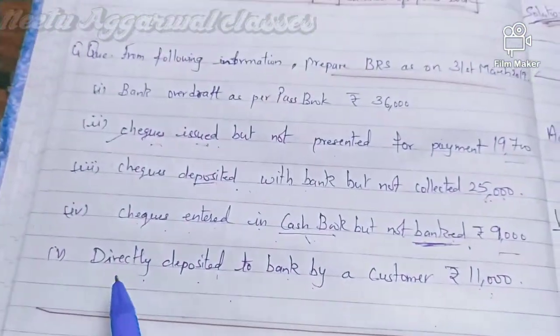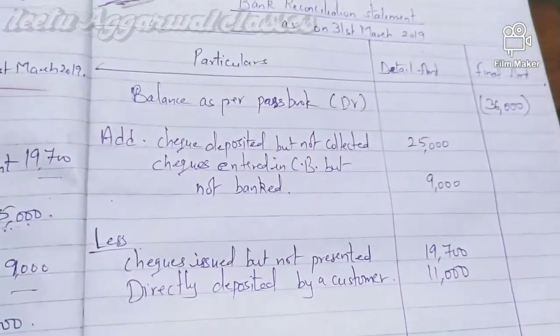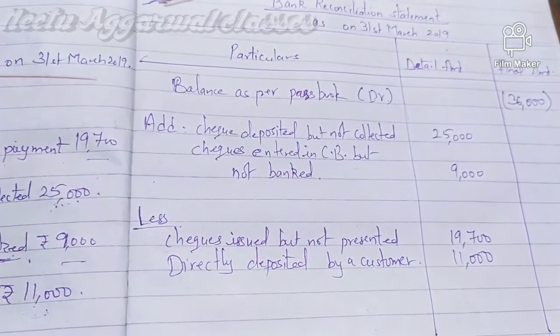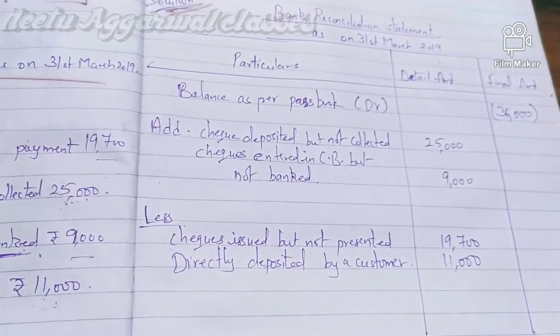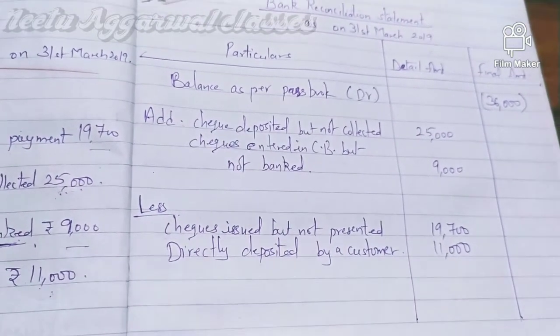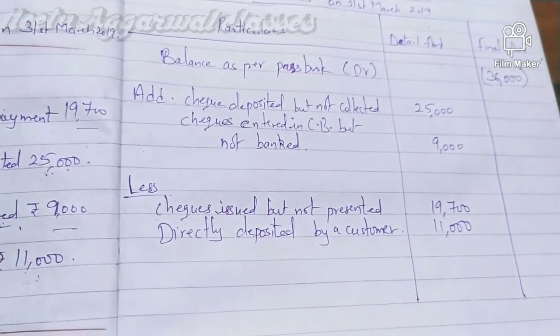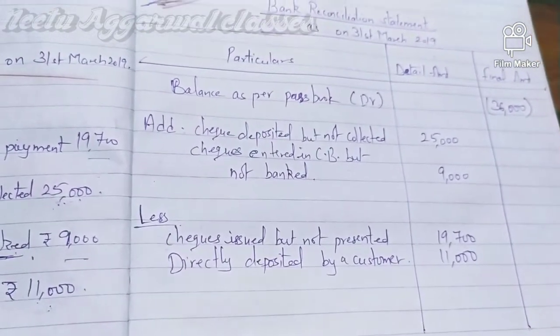Right. So we have done all the entries over here. We need to follow our old method, right? We need not follow four methods for four kinds of BRS. No, two are enough. First one is when the cash book is going according to the passbook, and the second one is where the passbook is going according to the cash book.